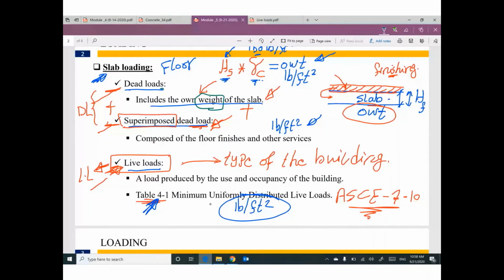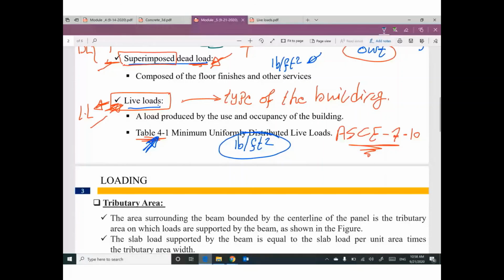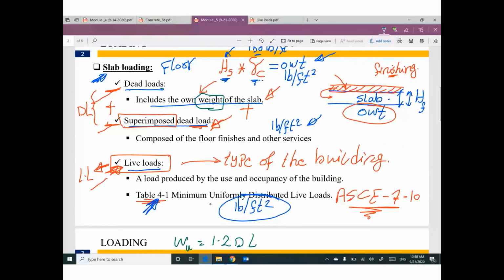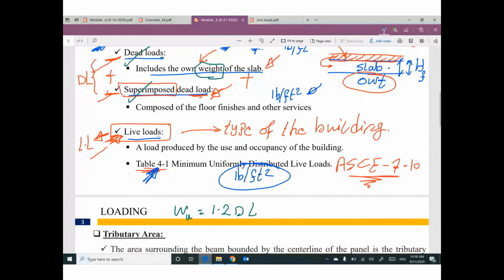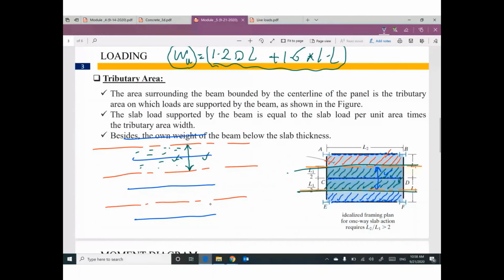Once you put your hand on these three values, remember, we have W ultimate equal 1.2 dead load, dead load will be this one and this one, plus 1.6 times live load, which will be this one. Once you solve this equation, I can figure out the uniform distributed load on the beam. Each beam will support this width.